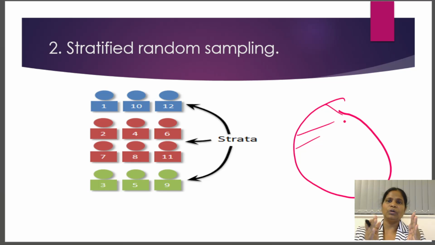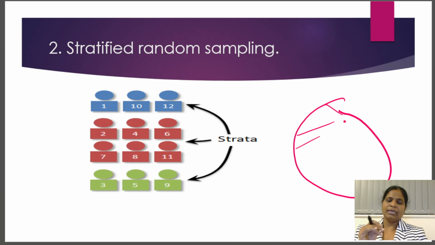For example, if you want to conduct a study on the prevalence of post-traumatic stress disorder among patients who survived COVID-19, and you want to do it on both genders, male and female, then we need to take an equal sample. The sample should be divided equally among male and female.